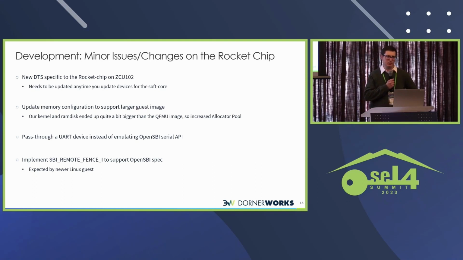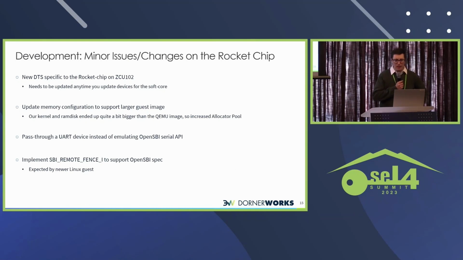You could throw a bunch of them in and just set them to disabled, but for the time being, we left it really simple: here's the definition of the Rocket Chip, and here's the UART that's hooked up to it.